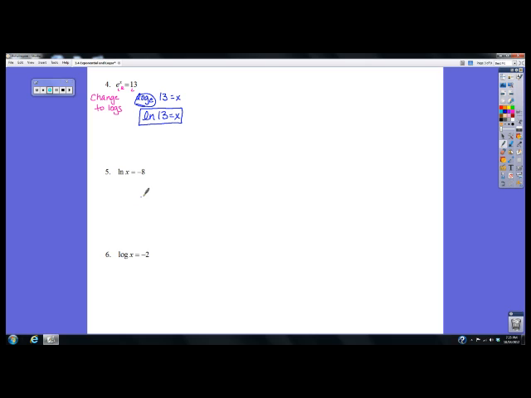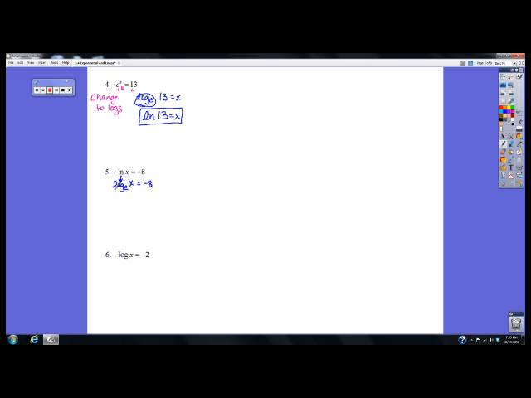Okay, number 5. Natural log of x equals negative 8. Well, let's see. Natural log, ln, stands for log base e. So I'm going to convert that to log base e of x equals negative 8. See if that may help you out a little bit.